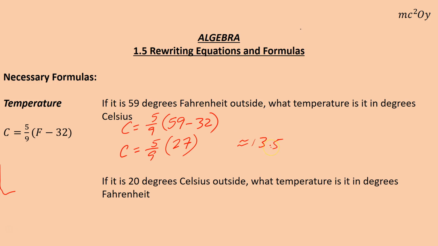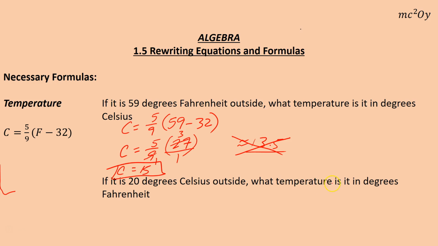Now that's my quick estimate. Now if I actually did the math, this is an easy one. We cross cancel. That becomes 1. That becomes 3. And that's 15. Okay, so we were pretty close. Celsius is 15. Our estimate was 13.5. Okay, that's pretty close. All right, so we can always estimate.